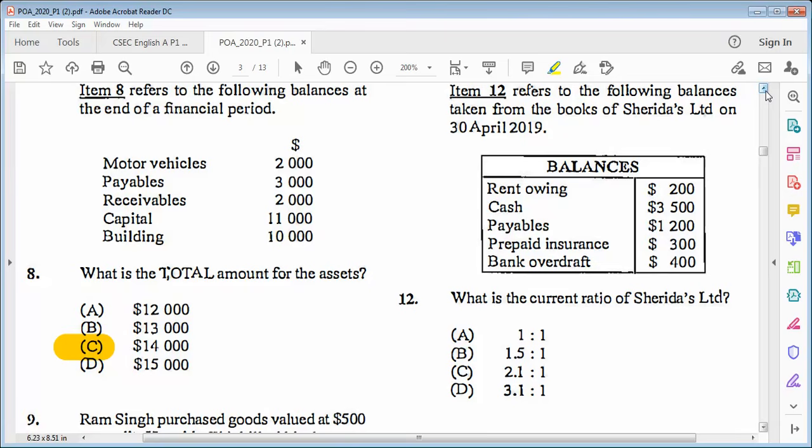Payables, $1,200. And bank overdraft, $400. When we add all of that together, we get $1,800. So our current assets is $3,800, and we divide that by our current liabilities, $1,800. When we divide that through, we get 2.1 to 1. Therefore, our answer is C.